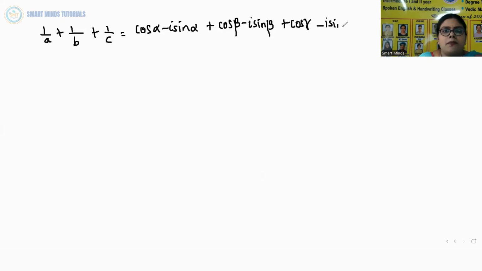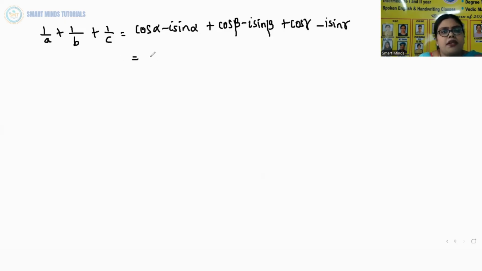So in the last problem, we have taken 1 by A, 1 by B, 1 by C, no? If A is cos alpha plus i sin alpha, then 1 by A is cos alpha minus i sin alpha. The same way 1 by B is cos beta minus i sin beta, and 1 by C is cos gamma minus i sin gamma.